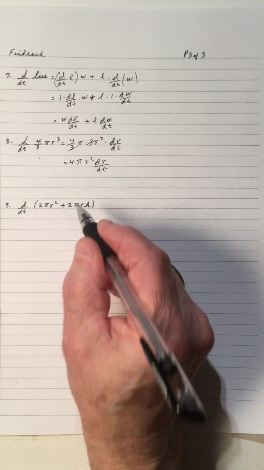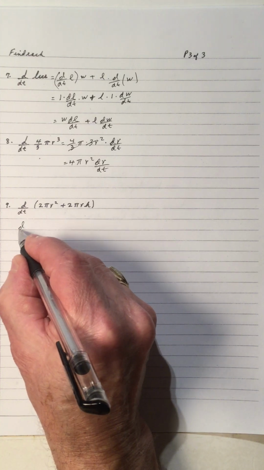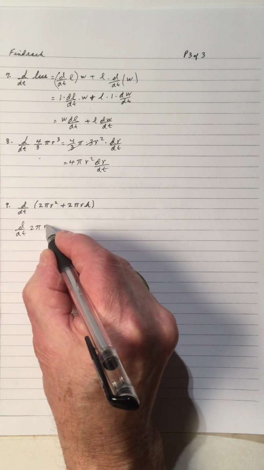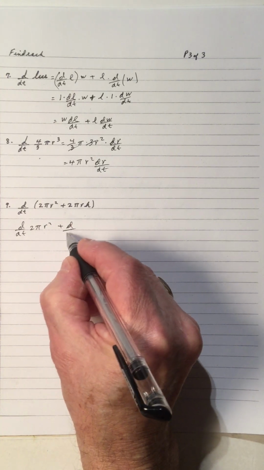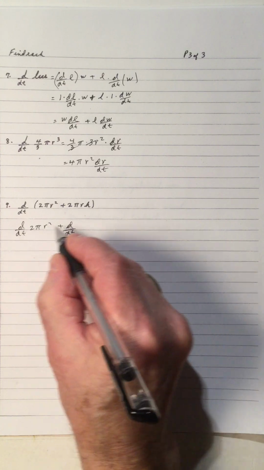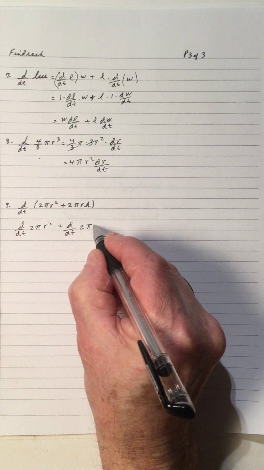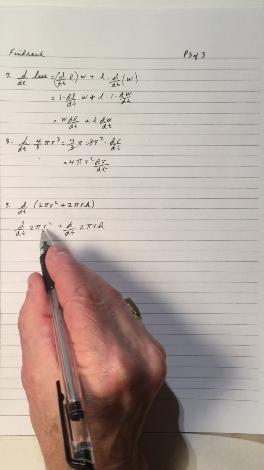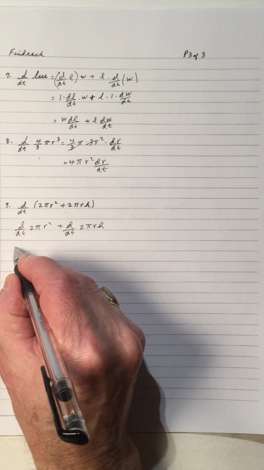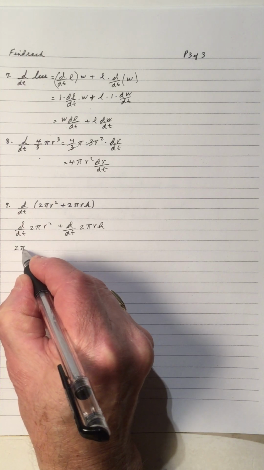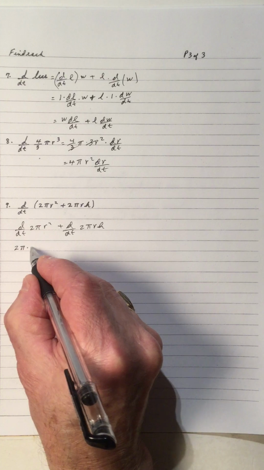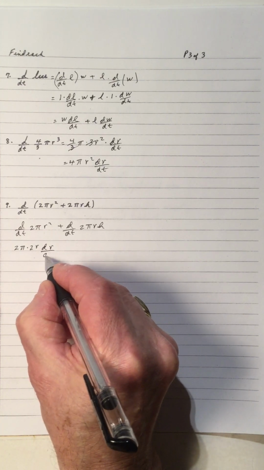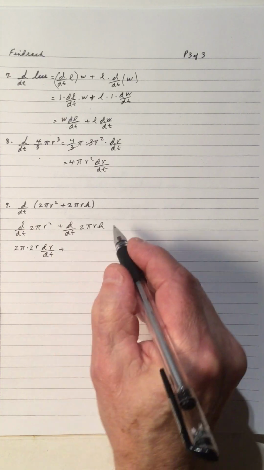Because it's an addition, we do each one separately. For the derivative of 2 pi r squared, 2 pi is a constant, so we put that in front. The derivative of r squared is 2r, times dr/dt, plus.